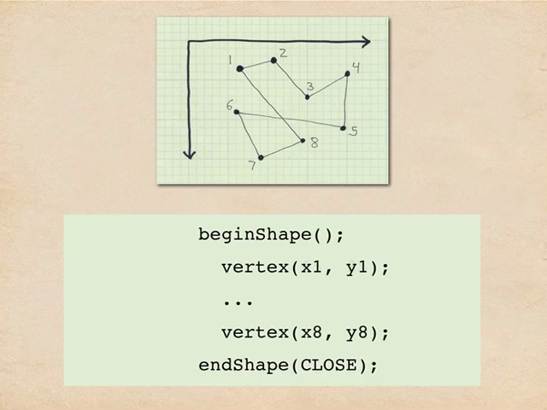Now in this slide, I wrote x1, y1 for the first point. So let's replace this with a couple of real numbers. Looking at the sketch, if we assume each one of those little boxes is about 10 by 10 pixels, it looks to me like point 1 is landing at about 65 units to the right and 35 units down.